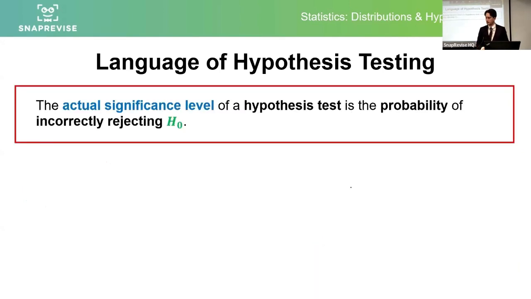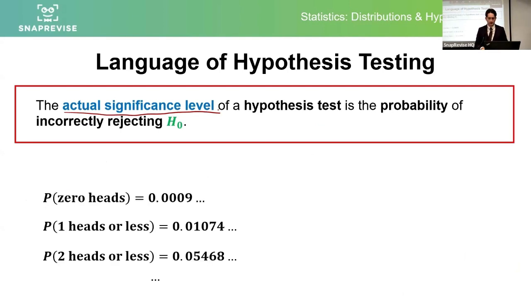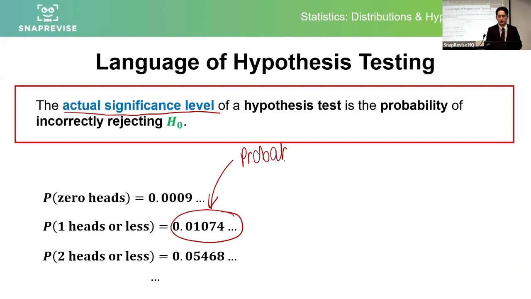So here we go. The actual significance level, another key bit of terminology, is basically the probability of the critical value. So for this one here, this is the actual significance level. It's the probability of the one you actually choose as the critical value.